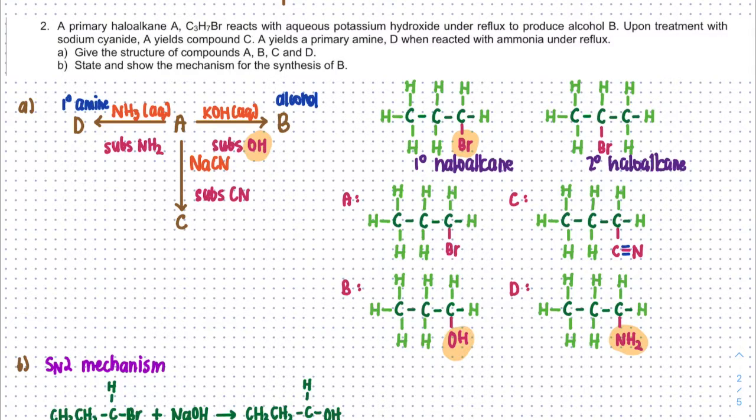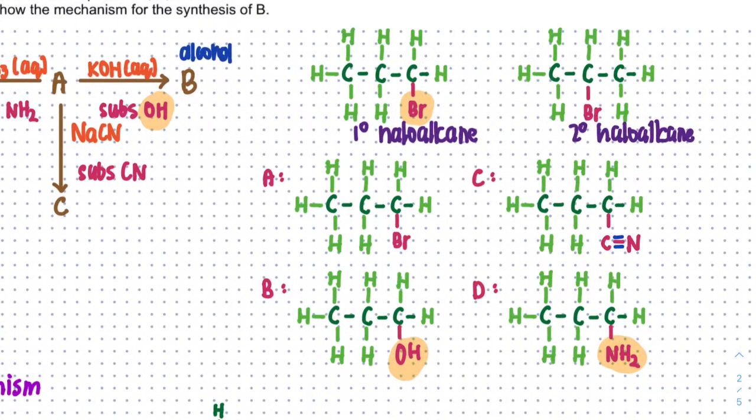When it reacted with sodium cyanide, we will substitute CN. So CN is when we write it as a condensed structure. If you want the expanded version, it is here, C triple bond N. Why C triple bond N?